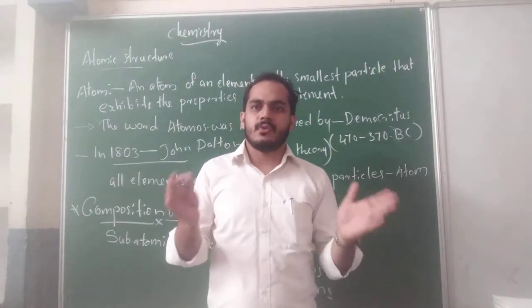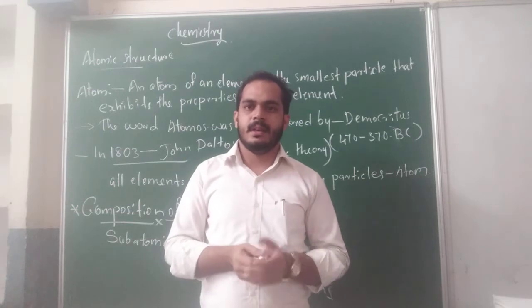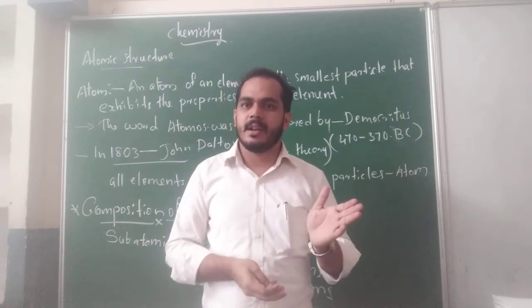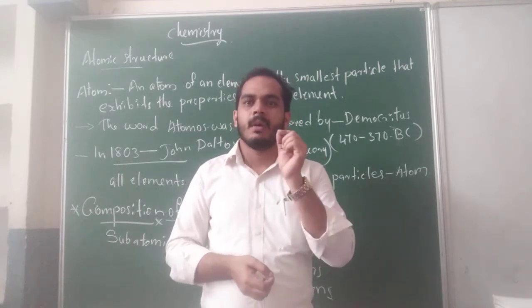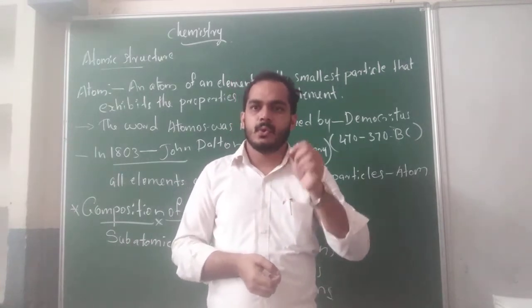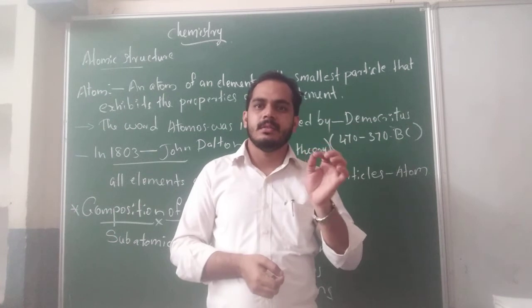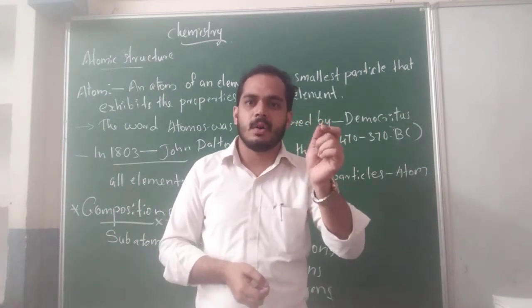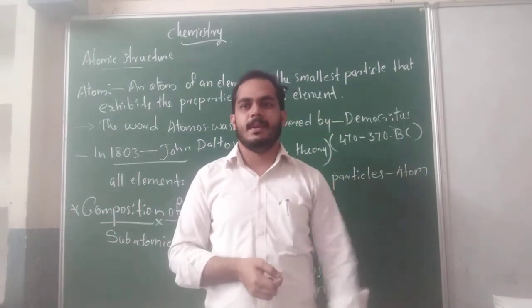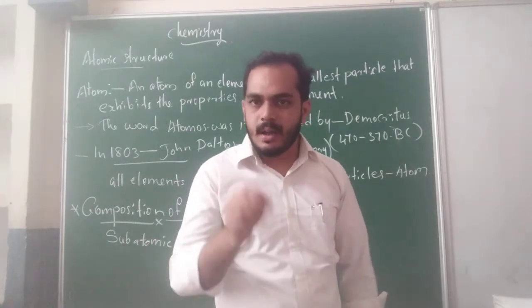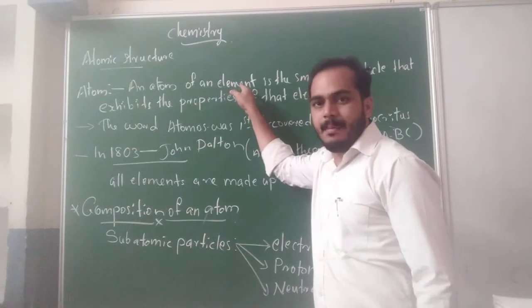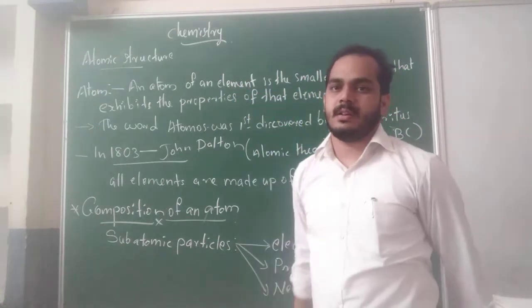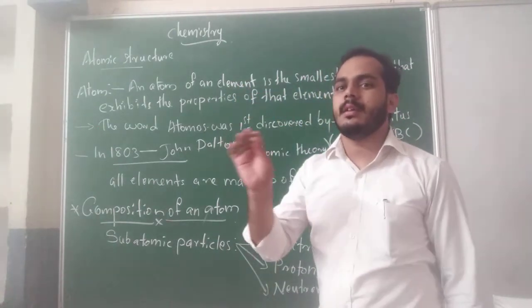There are lots of elements in our periodic table, around 118 elements, and each element has its atom. This atom has the peculiar character or properties of that element. That is called an atom. Very simply, an atom of an element is the smallest particle of that element.